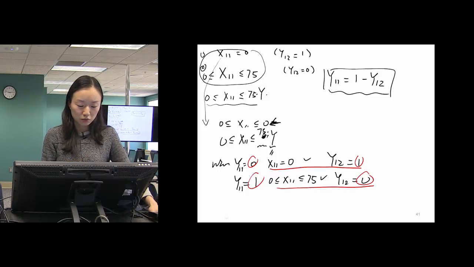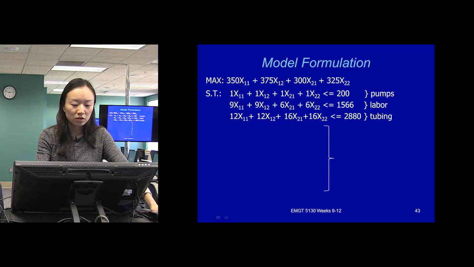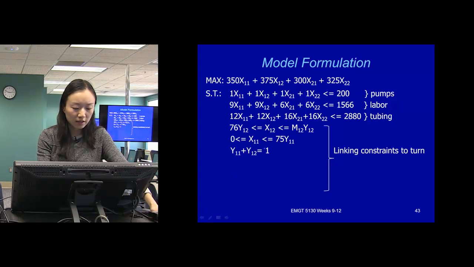We check the relationship between the two y's and find a way to link the two y's. So before that, we would have those resource constraints, right? And these three are the linking constraints that we come up with to link our x11 with x12. Okay, so that's a constraint.